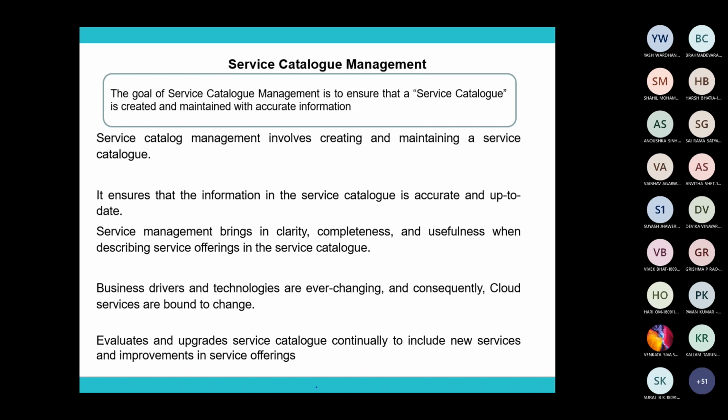The cloud provider will publish the services offered by that particular provider in what is called the service catalog. It ensures that the information in the service catalog is accurate and up to date. So service catalog management brings in clarity, completeness, and usefulness when describing service offerings in the service catalog.